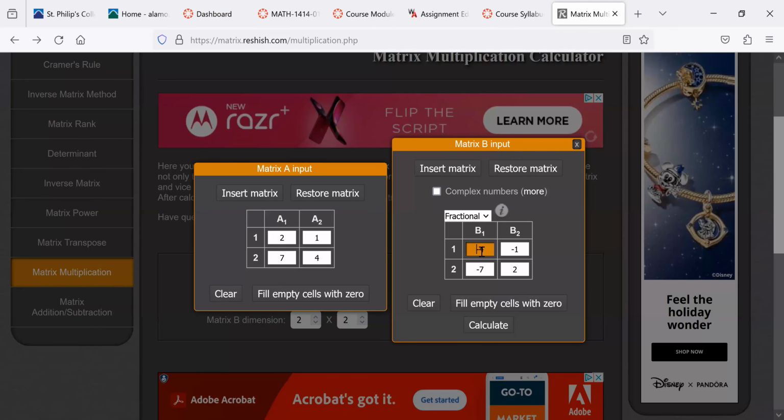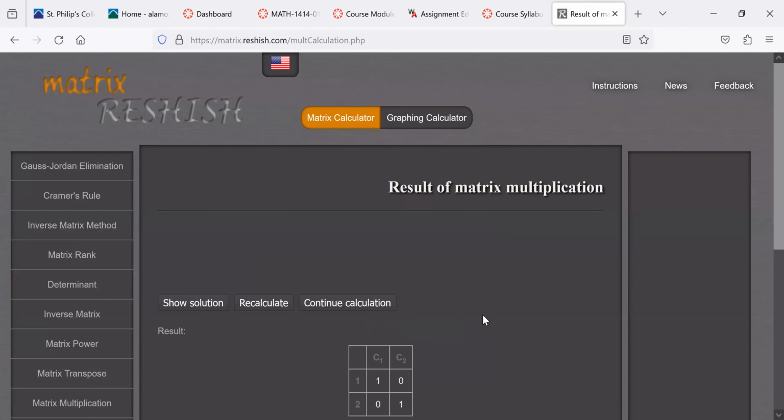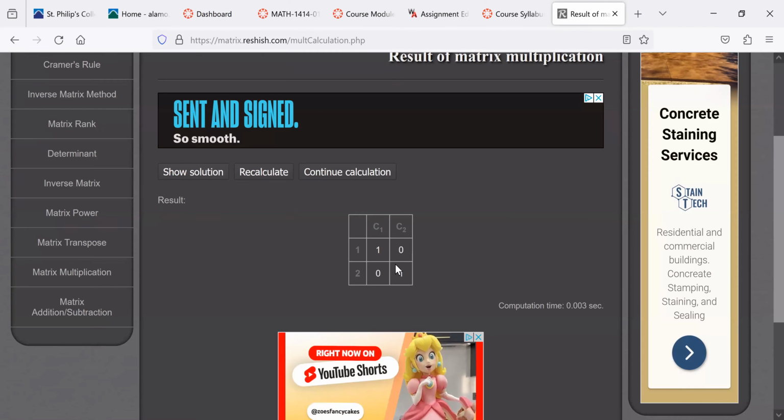As you can see, the calculation gives me the identity matrix.